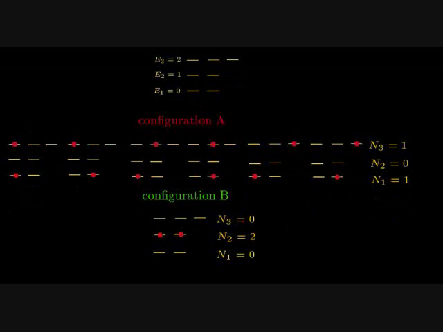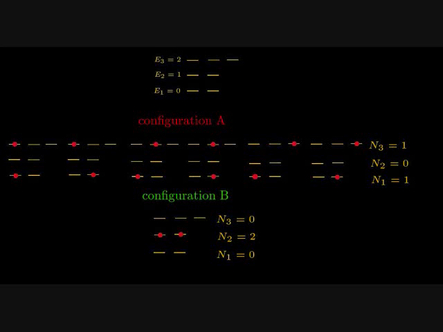We can divide the microstates into different configurations, such that 2 microstates with the same N_i are in the same configuration. In our example, there are 2 possible configurations. Configuration A has 1 particle in level 1, 0 particles in level 2, and 1 particle in level 3.